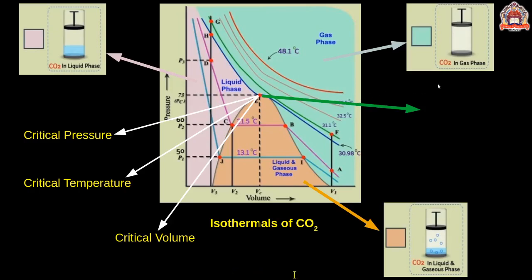Above 48.1 degrees centigrade, it totally vanishes, and the isothermal becomes almost hyperbolic as predicted by Boyle's law. Thus at high temperature, carbon dioxide behaves like other gases such as oxygen, nitrogen, etc. So above 48 degrees centigrade, carbon dioxide behaves like air, or it obeys Boyle's law.